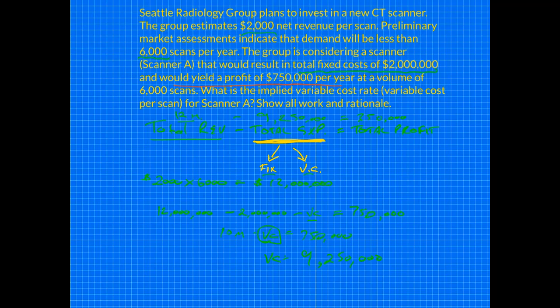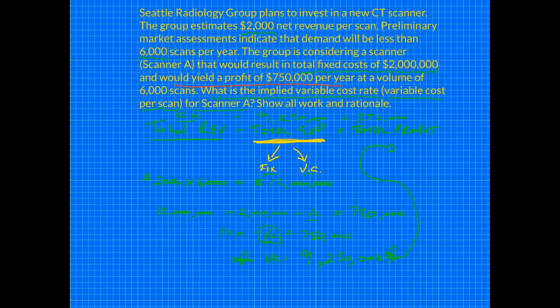It is, what is the implied variable costs for scanner A? And we want variable costs per scan. That's the twist. So if you just stopped here, you would be not quite all the way there. So to go all the way there, we're going to move up to a little extra space up here.